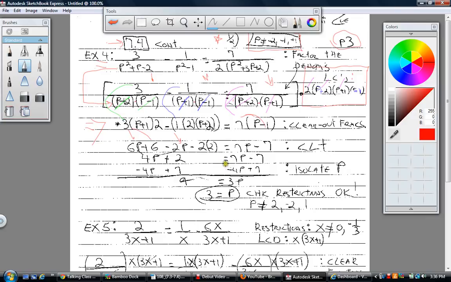I don't know, I've been teaching this here, and oh, that's a 1. That's a 1. Okay, never mind. Yeah, this is a 1 right here. Sorry, it's p plus 1. So 2 times 1 is negative 2 times 1.